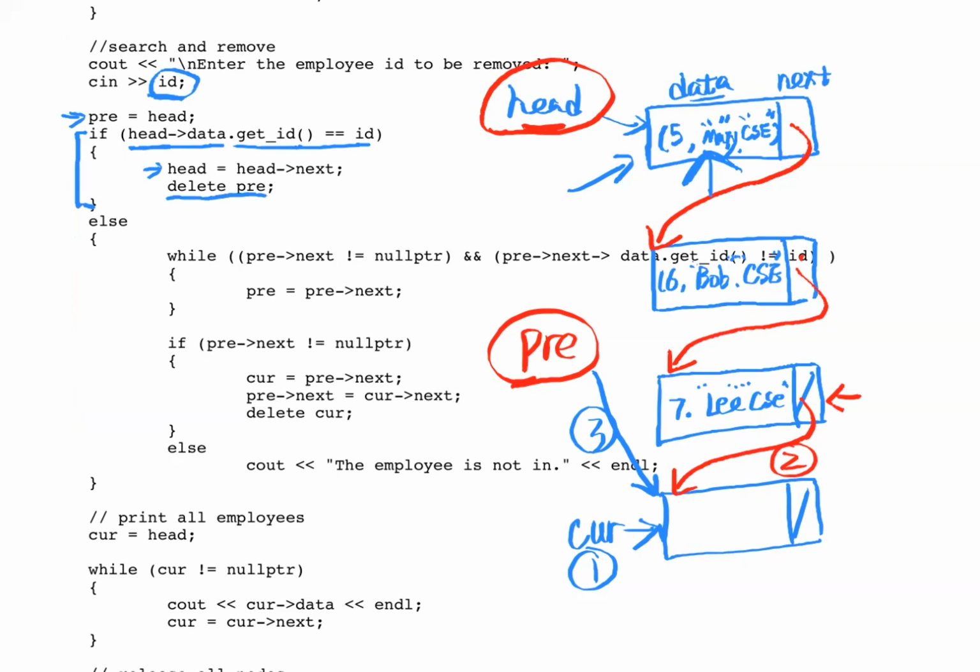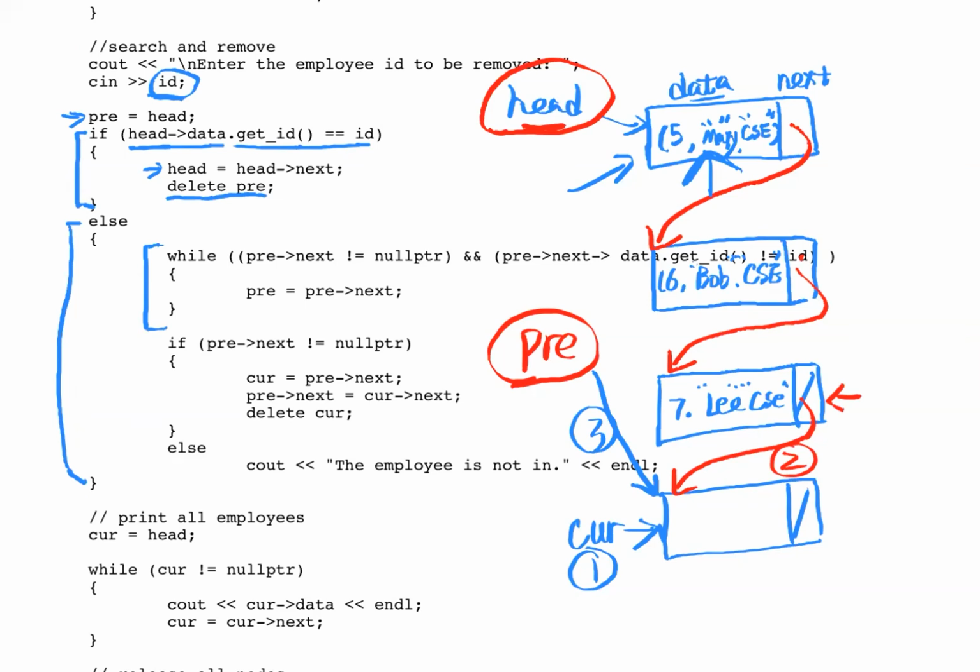And if the target employee is not in the first node, then we will use a while loop. So that is contained in the else, and we use a while loop to search for the target employee.